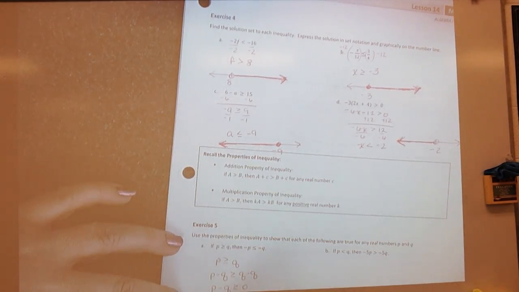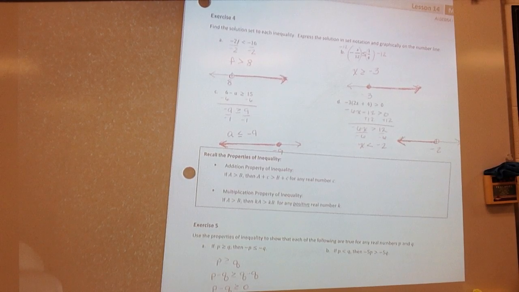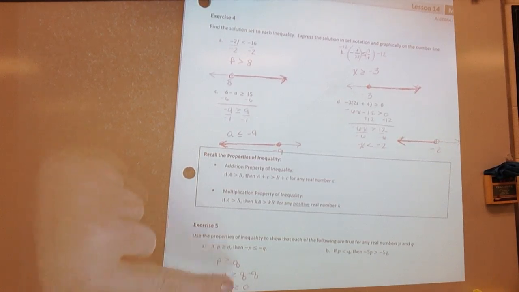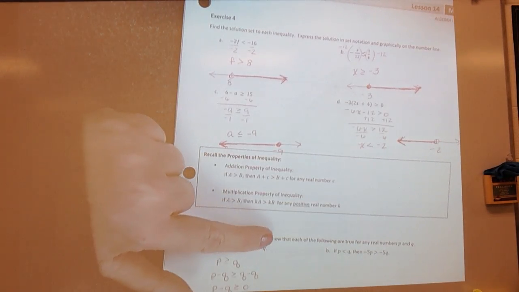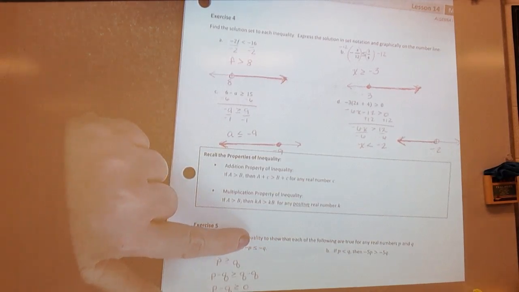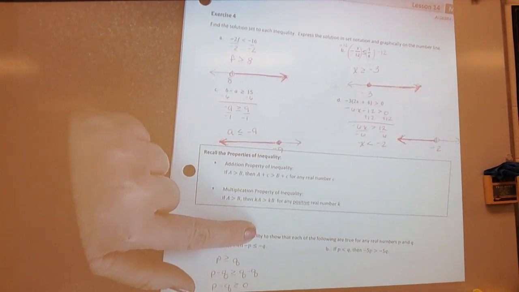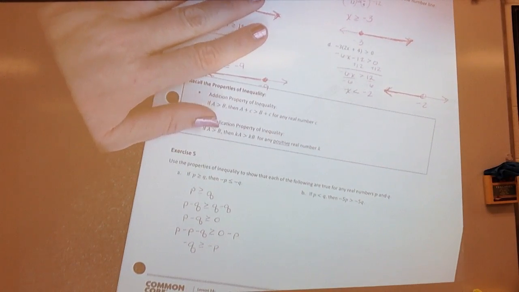So now I get negative Q is greater than or equal to negative P. And that's exactly what we set up here. Negative Q is greater than or equal to negative P, or negative P is less than or equal to negative Q.